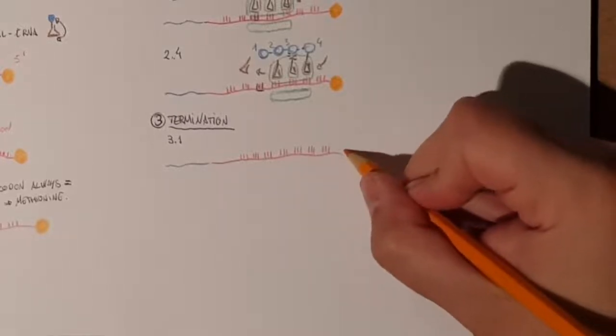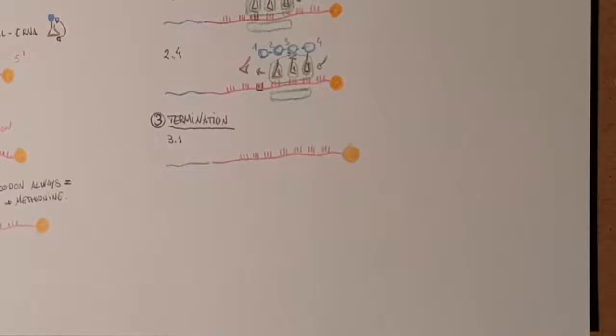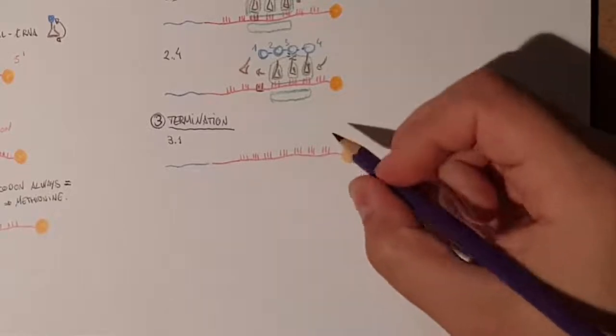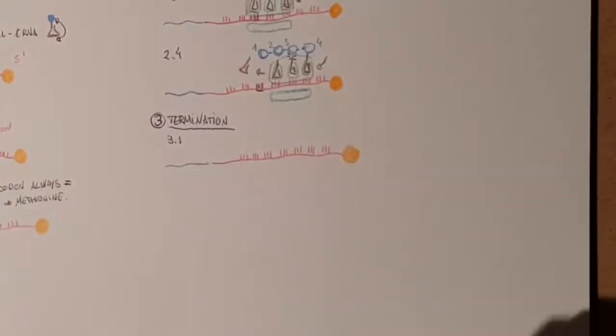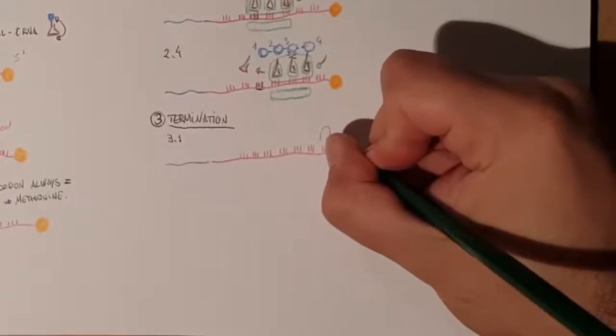But instead of putting another amino acid tRNA, we're going to incorporate something that is called the termination factor, that I'm going to draw in purple. The termination factor is going to enter the amino acid site.